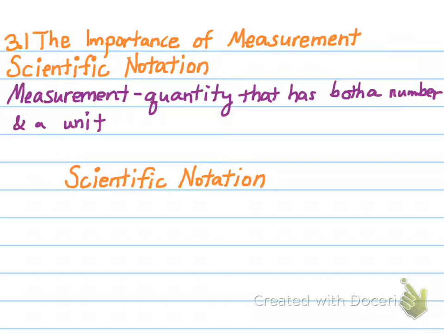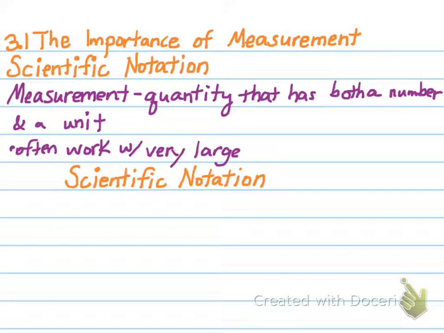And in chemistry, we often work with very large and very small numbers. And because we're working with very small and very large numbers, we use scientific notation. So you should have learned about scientific notation at some point in your math classes, but just to kind of review.